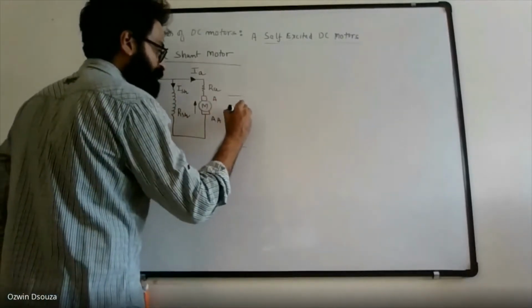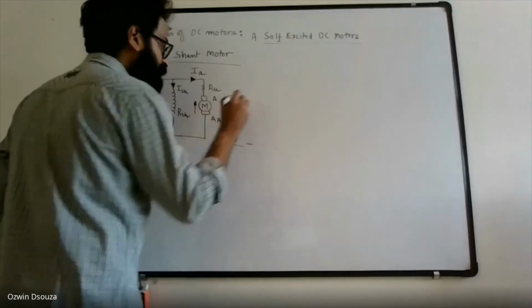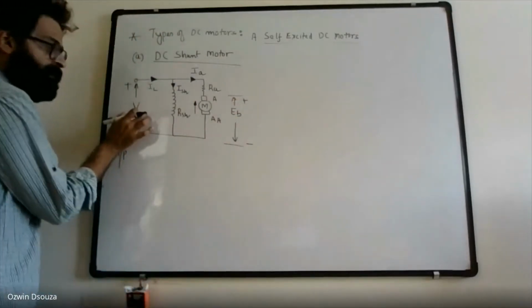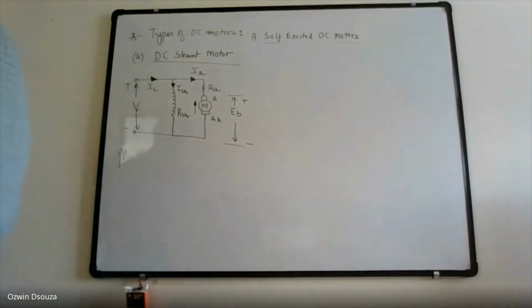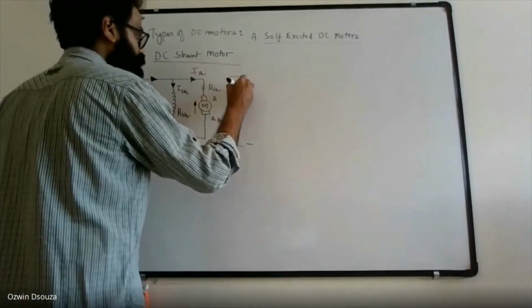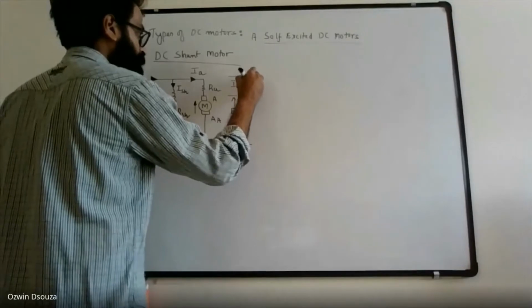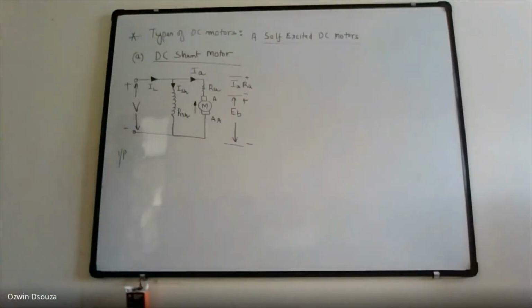Hence it is called the back EMF, because as per Lenz's law, this back EMF is trying to oppose the cause. The cause over here is the supply voltage V. That's your back EMF, and this is your drop IaRa.